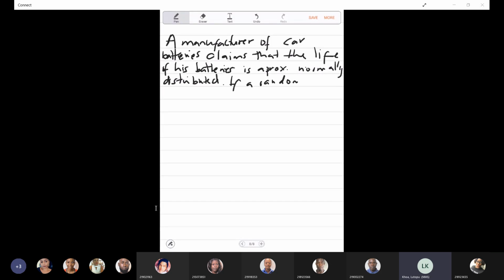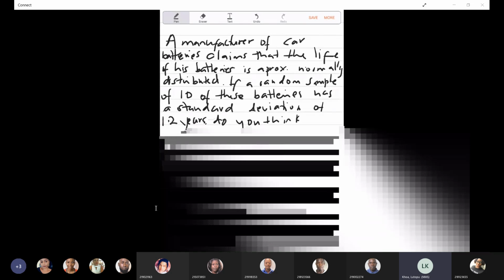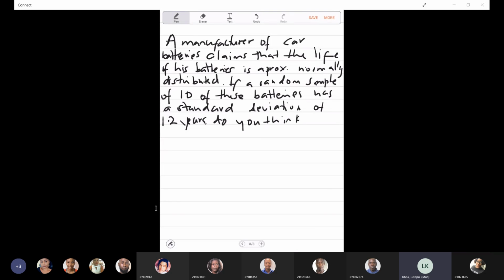If a random sample of 10 of these batteries has a standard deviation of 1.2 years, do you think that sigma is greater than 0.9 years?